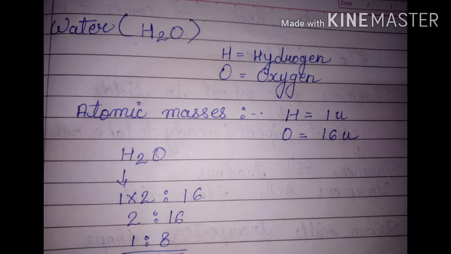So 1 multiplied by two atoms of hydrogen gives 2, and oxygen's mass is 16. So we get 2:16. After cancelling, we get 1:8. It means its fixed proportion is 1:8.